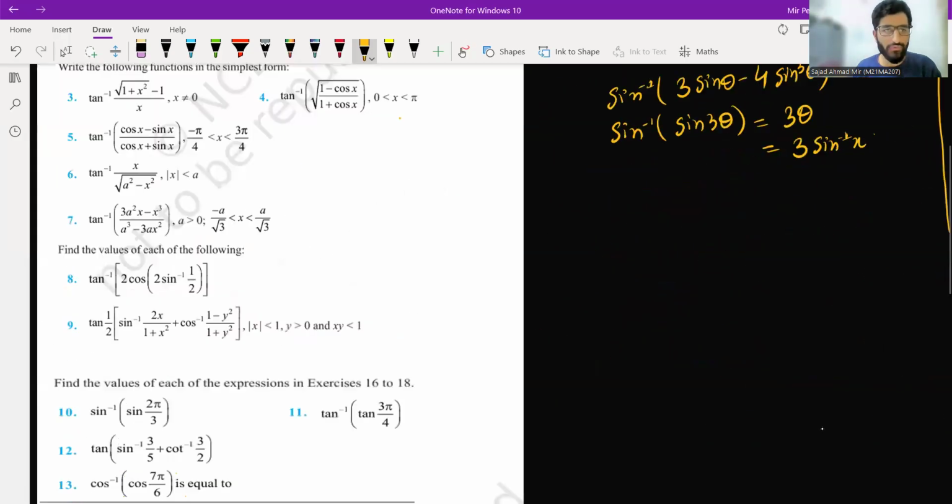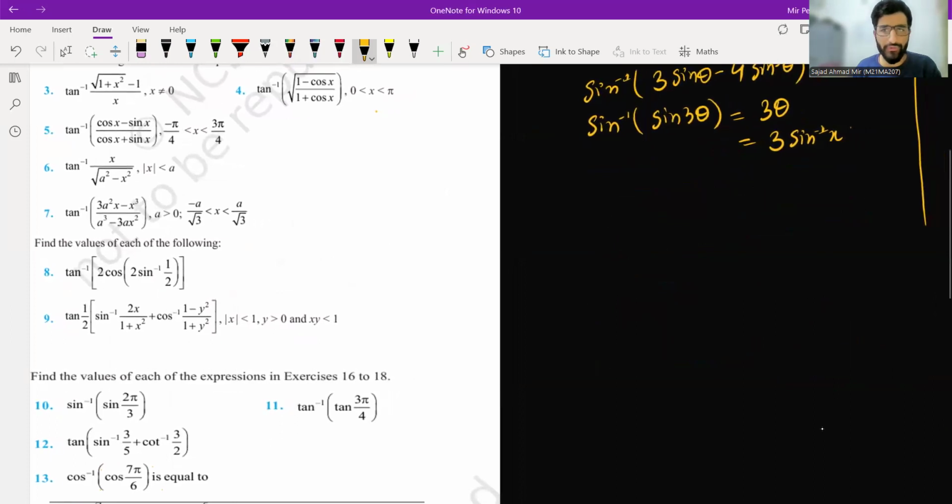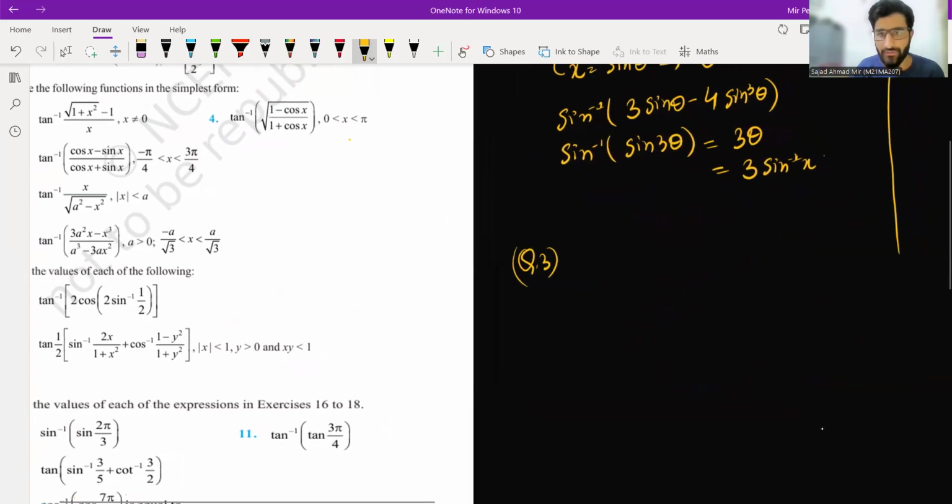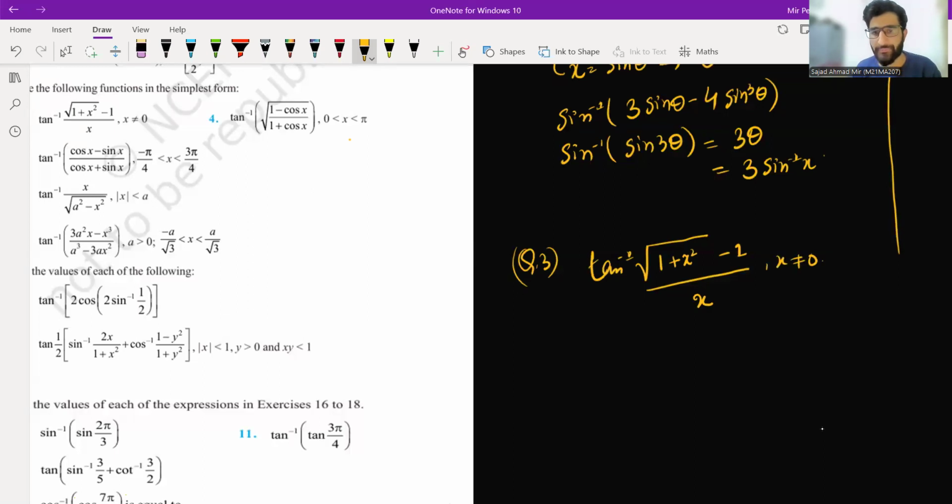Now for question number 3, we have to do for tan inverse, which we have to simplify. We don't have to prove anything, we have to write it in a simpler form. So question number 3: tan inverse of square root of 1 plus x square minus 1 whole thing divided by x, where x is not 0.